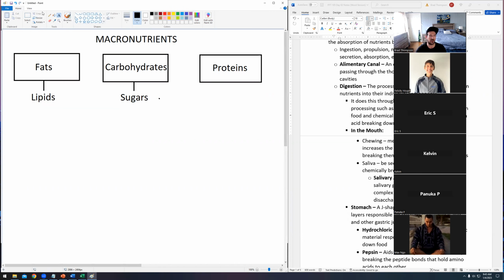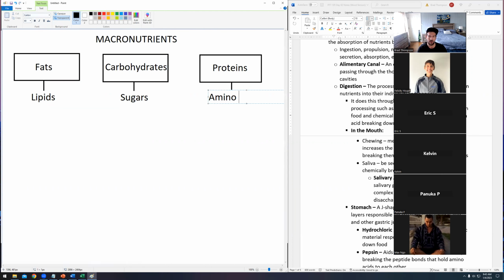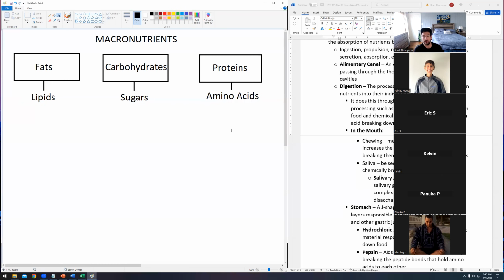And proteins are going to break down into amino acids. These are the things that can actually be absorbed by your body. So the process of digestion is to take these very large materials and turn them into these 3 very small materials. And once it does that, it can pass into your bloodstream.